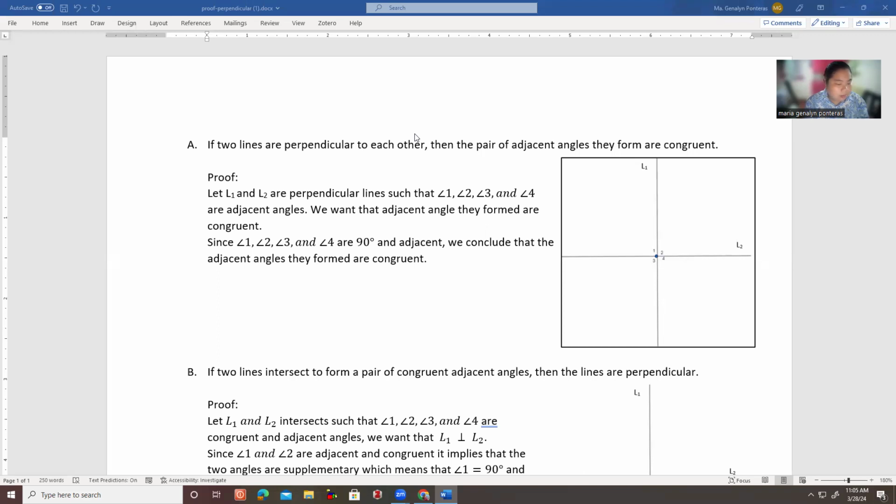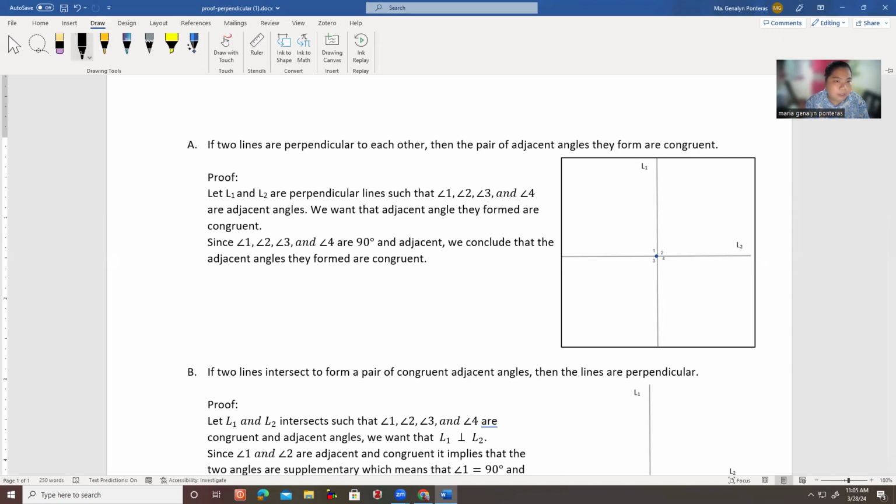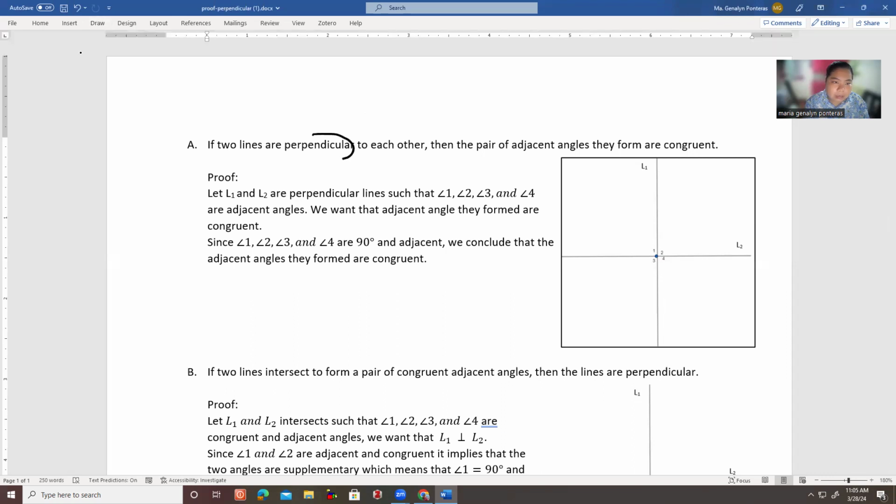Let us recall the word perpendicular. How do we know if two lines are perpendicular? In your first quarter, when we talk about perpendicular lines, the intersection forms a 90 degrees angle. That's the condition.